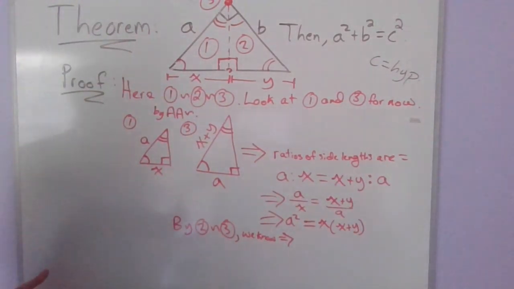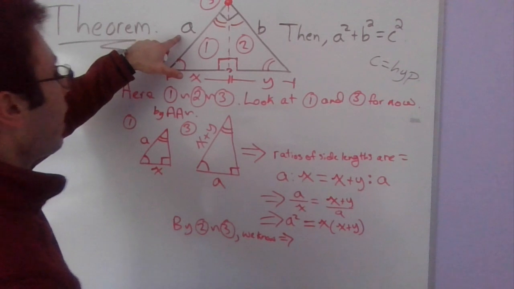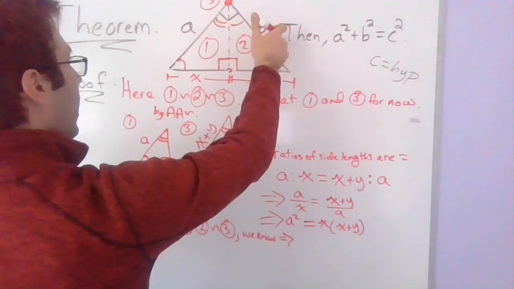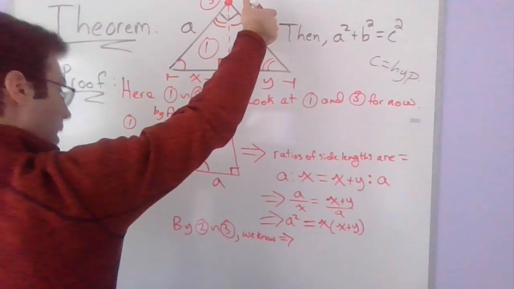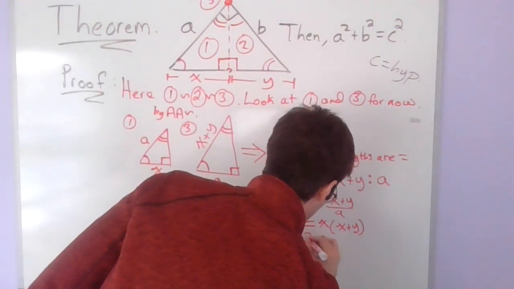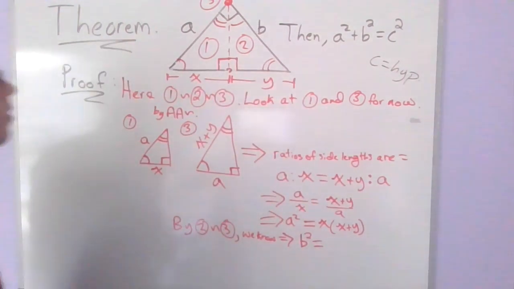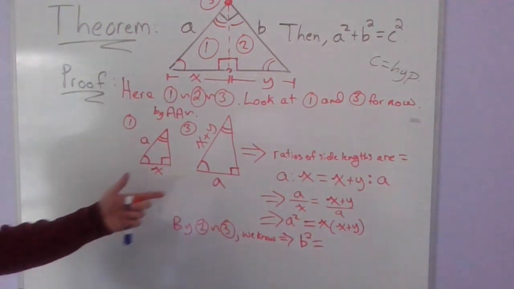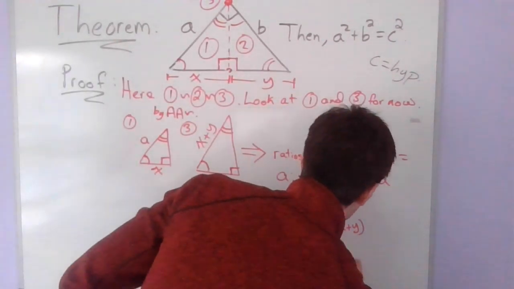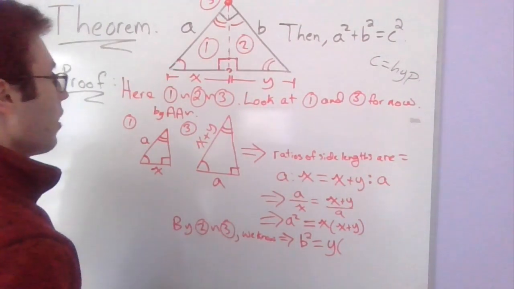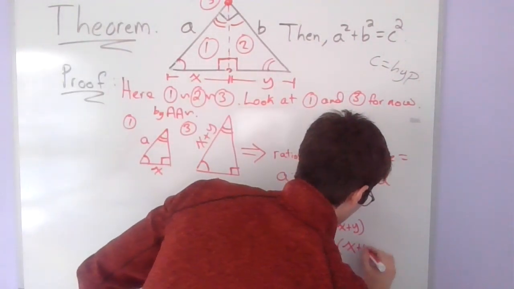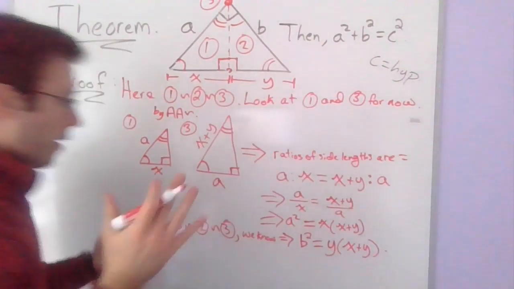So here's A. If we're going to reflect this thing, instead of calling it A, there's that correspondence. So that's B. B squared would be equal to, and instead of calling it X, you'd have Y. And then you have this X plus Y, so it would still be the same thing.